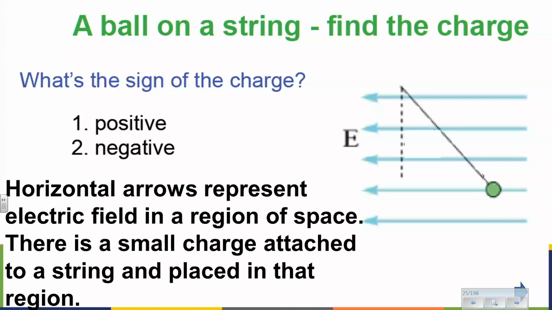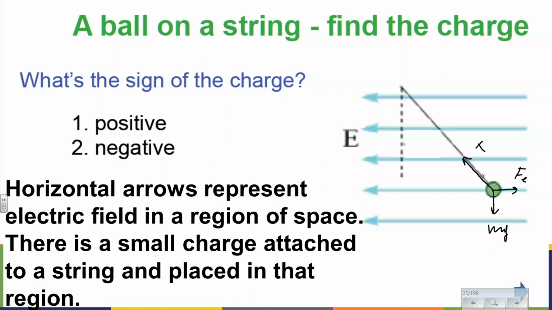Now we know how to approach the relationship between electric field and the charge. Here, if we draw a free body diagram, this arrow should represent the force of tension. This arrow should represent the force of gravity. In order to be deflected to the right, we should have electric force pointing to the right.